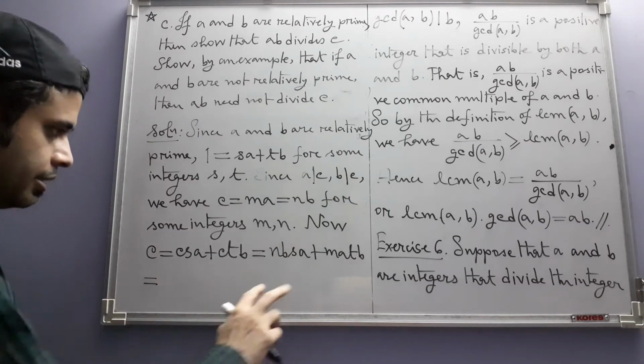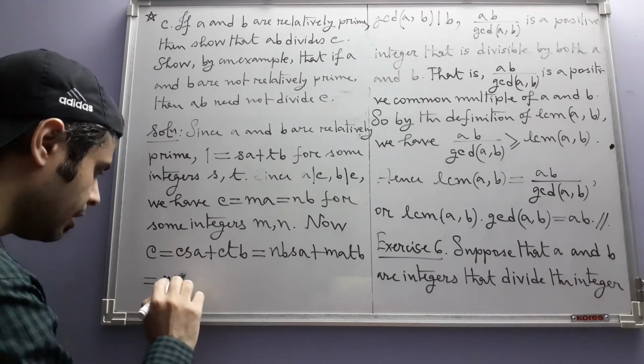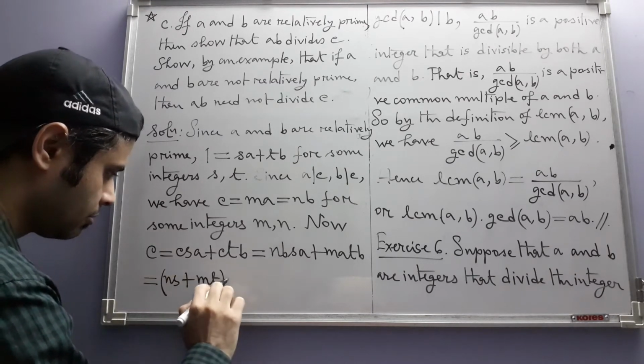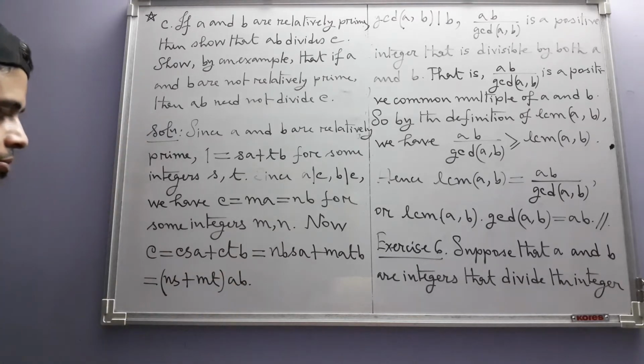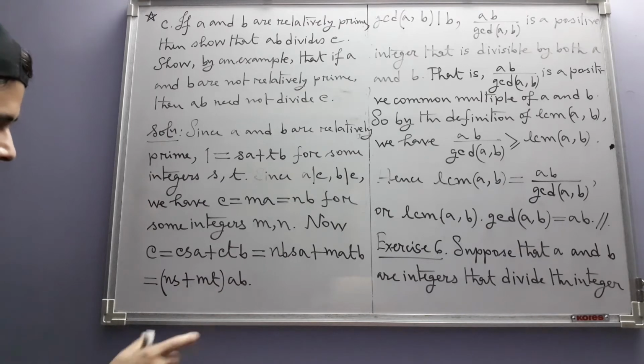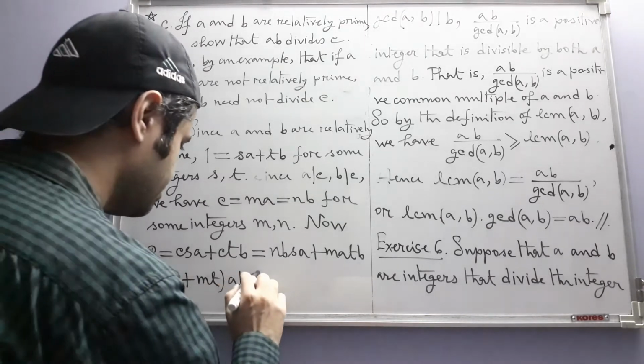So again here AB can be taken common out, NS plus MT times AB, because S, T, N, M are integers, so this NS plus MT is an integer.